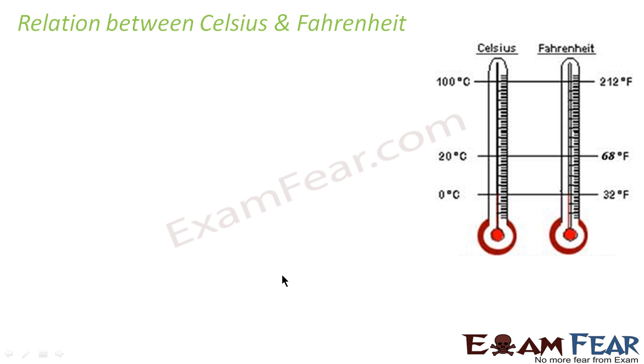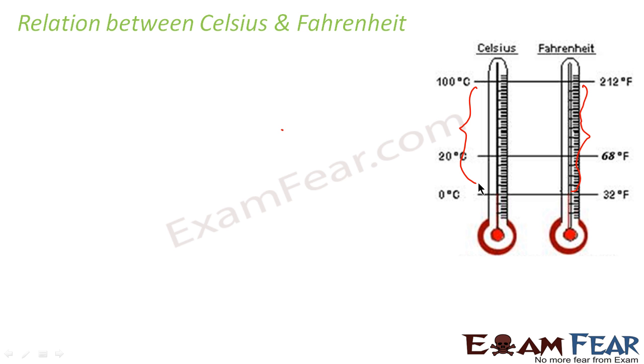Similarly, the 100 degrees Celsius, that is the boiling point, is equivalent to 212 degrees Fahrenheit. The only difference is that between these 2 points, between the ice point and the steam point, the number of intervals in case of Fahrenheit will be more than the number of intervals in case of Celsius.